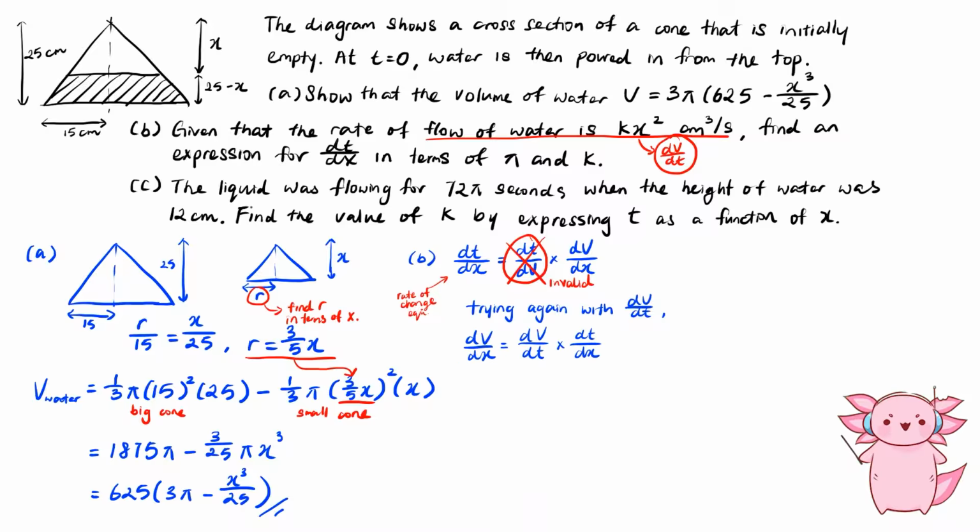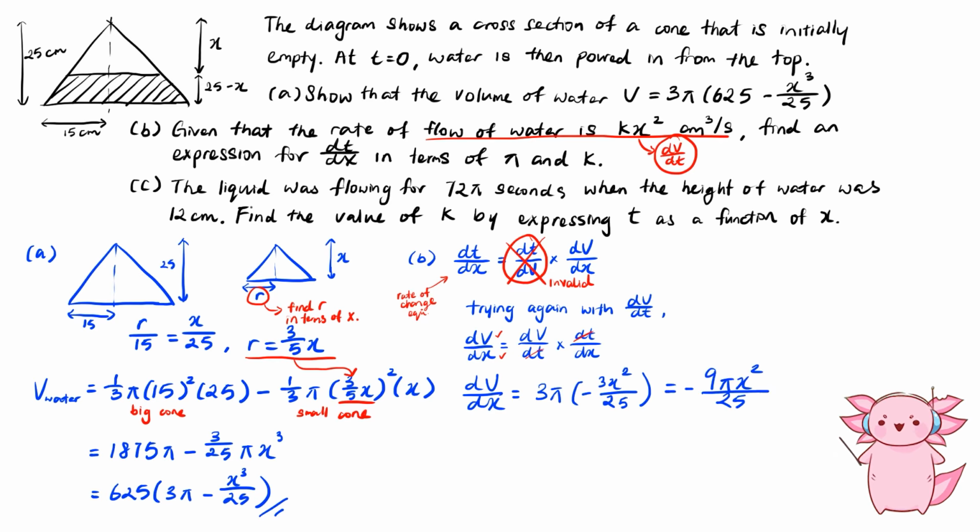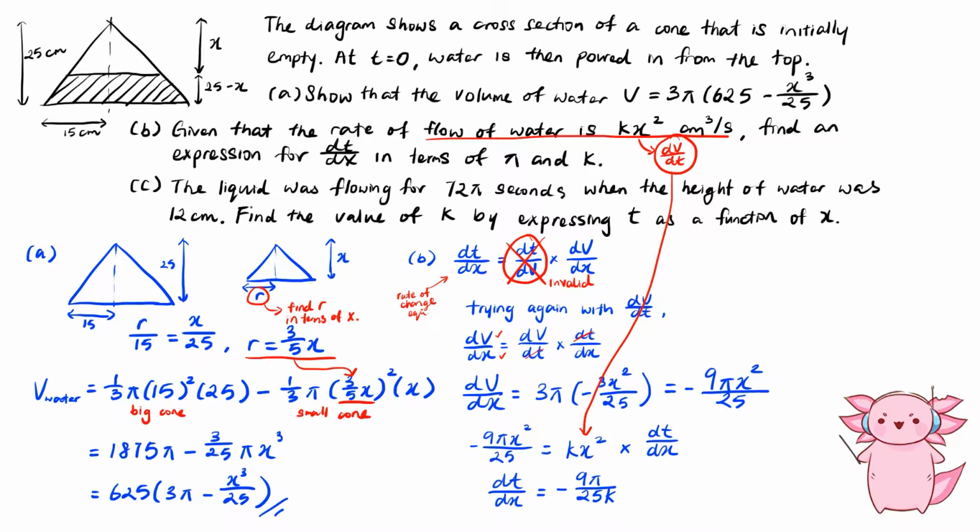So let's try out dv over dx is equals to dv over dt times dt over dx, and every term checks out. We can then differentiate v in terms of x in order to get dv over dx is equals to negative 9 pi x squared over 25. Finally, we can just sub in all the values into the chain rule, and we can get the final answer of dt over dx is equals to negative 9 pi over 25k.